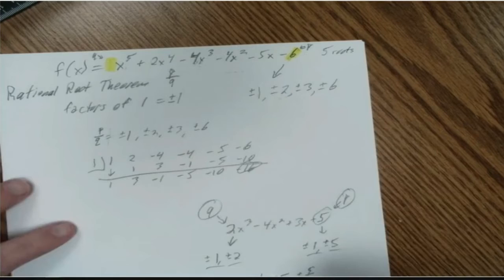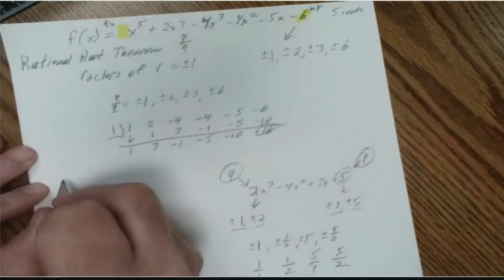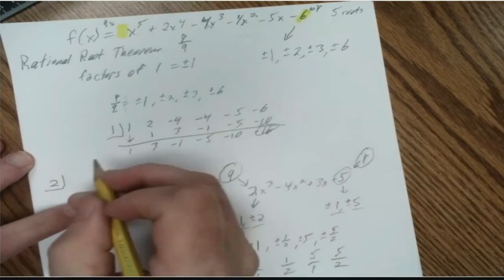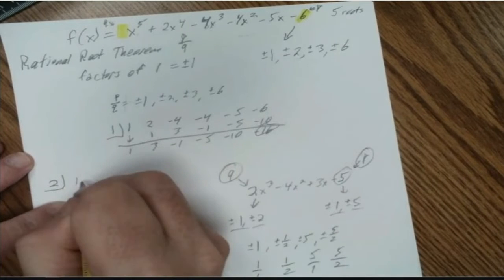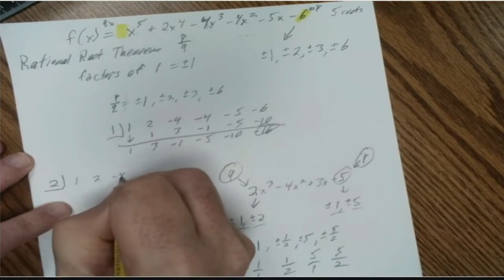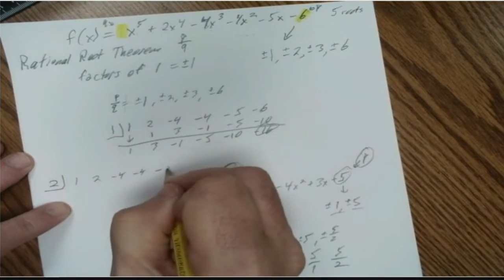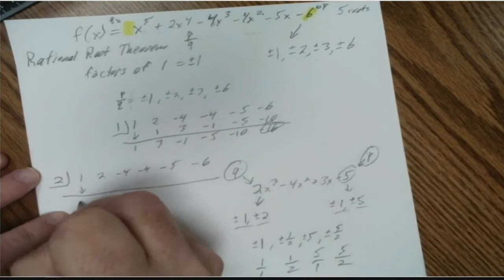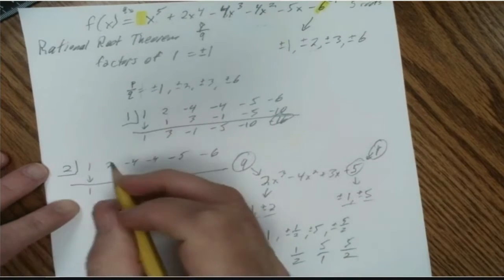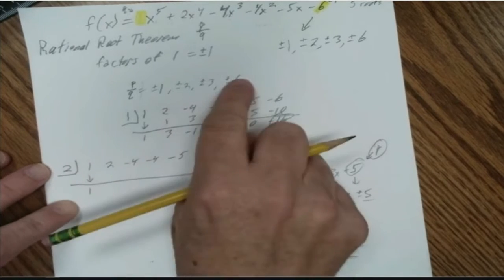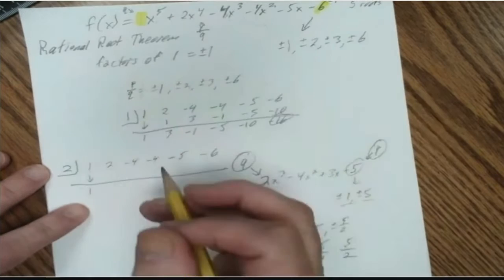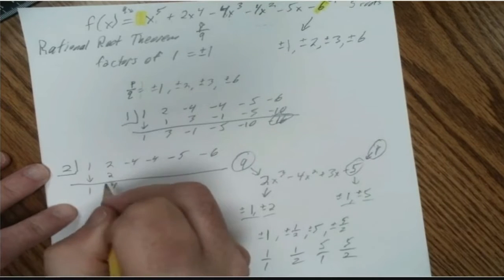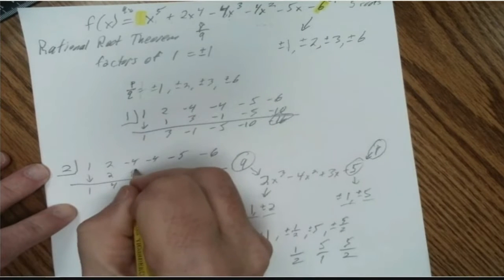Let's look at 2. We're probably not going to do all 8 of them, but we'll at least do some here. So 1, 2, -4, -4, -5, -6. If we bring the 1 down, 2 times 1, love synthetic division. This is so much easier than setting it up as long division. 2 times 1 is 2, add those together. 2 times 4 is 8, add those together.